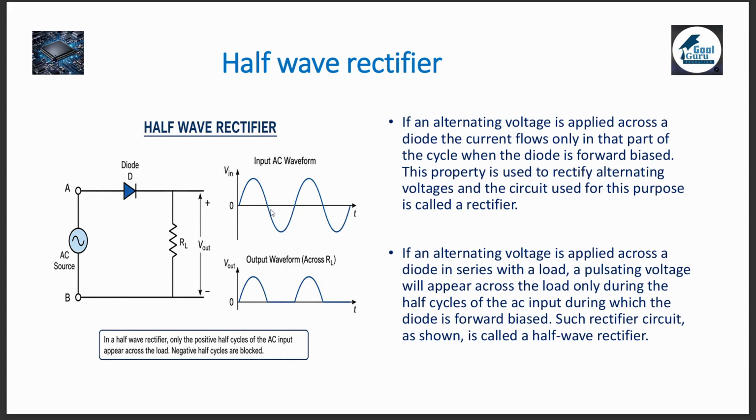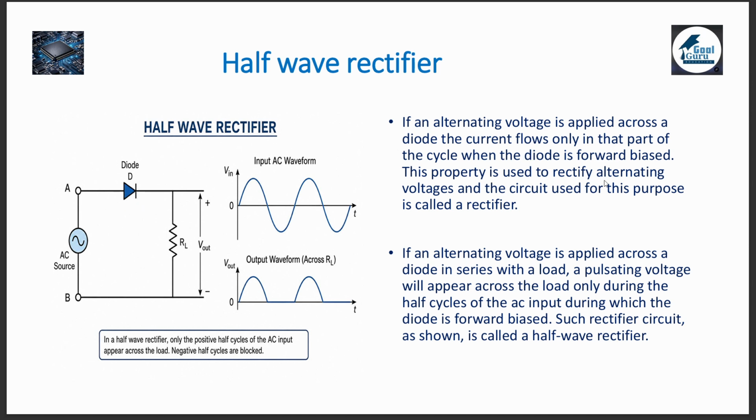This property is used to rectify the alternating voltages. What happens to the negative? When there is a negative voltage, the diode is said to be in the reverse bias condition. So there is no current flow. Rectify means allowing only the positive half of the cycle to flow through the diode.